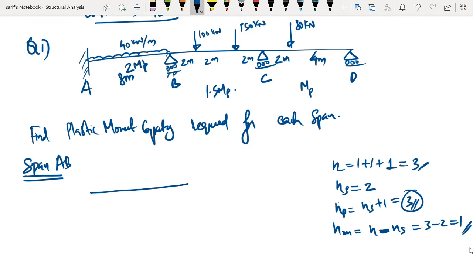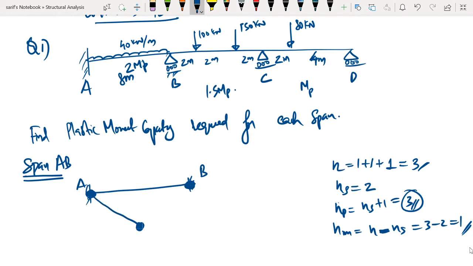So let us see the mechanism for AB. So this is A, this is B. At the fixed support one plastic hinge will be formed. At the interior support also there will be one plastic hinge formed, and since the loading is symmetric, at the middle of the span also there will be one plastic hinge formed.